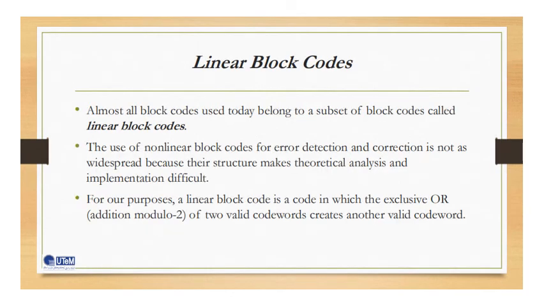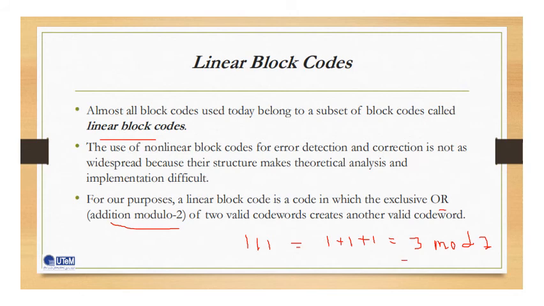Linear block code. Almost all block codes used today belong to a subset of block code called linear block code. Here it uses XOR operation or addition modulo 2. It's quite easy for this one. For example, if you have 1, 1, 1, how to get the answer of modulo 2? 1 plus 1 plus 1 equals 3, mod 2.